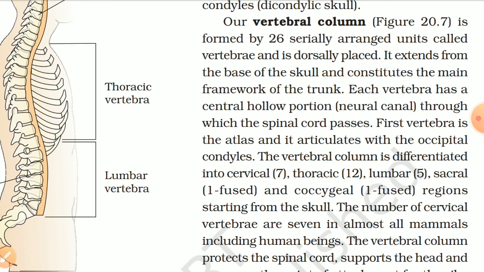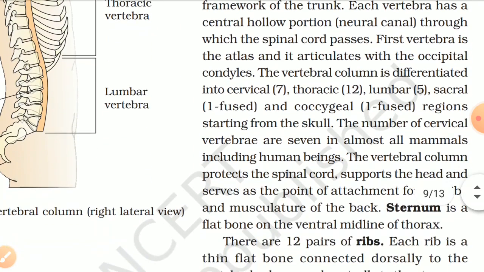The first vertebra is the atlas, and it articulates with the occipital condyles. The vertebral column is differentiated into cervical 7, thoracic 12, lumbar 5, sacral 1 fused and coccygeal 1 fused regions starting from the skull. The number of cervical vertebrae is 7 in almost all mammals including human beings.